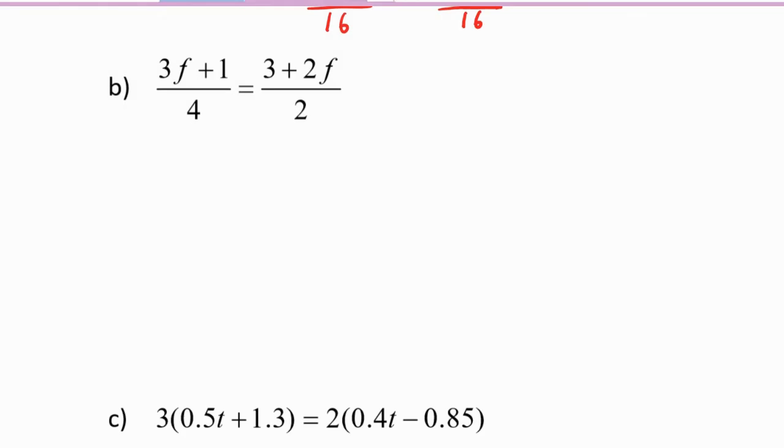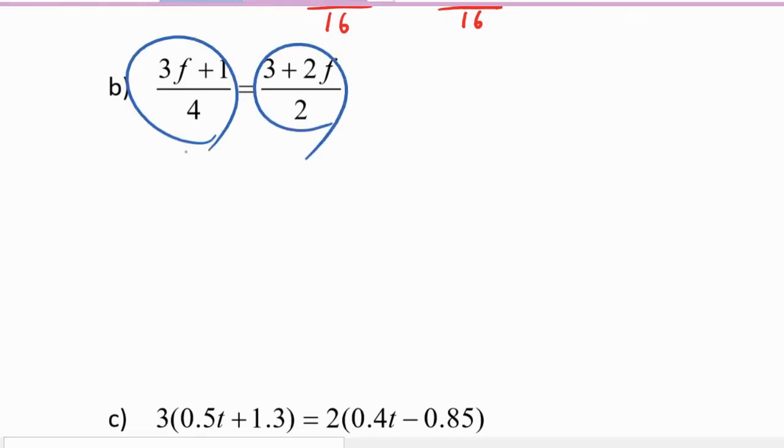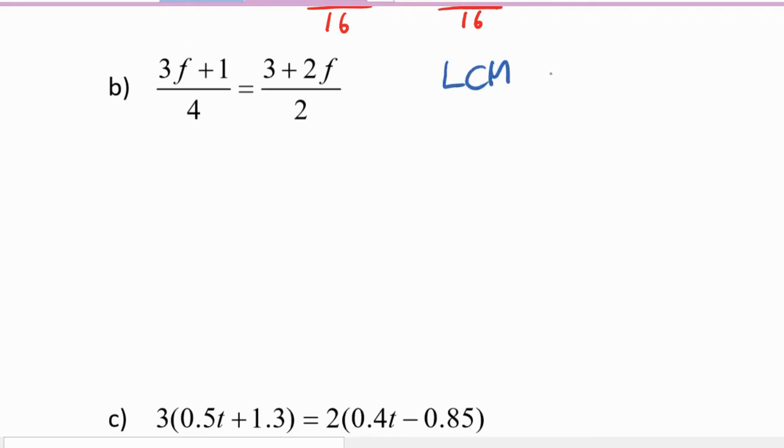Letter B. Okay, everyone, we have fractions again. So to solve the question, like I said, we have to think about the LCM of 4 and 2. What is the LCM of 4 and 2? That is 4.